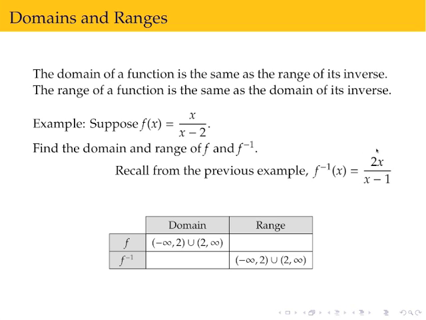By looking at this, we can tell that the only number that would make the denominator 0 is 1. So the domain of the inverse function, it would have made more sense to fill this in first, but the domain of the inverse function is negative infinity to 1 union 1 to infinity. And that is also the range of the original function.